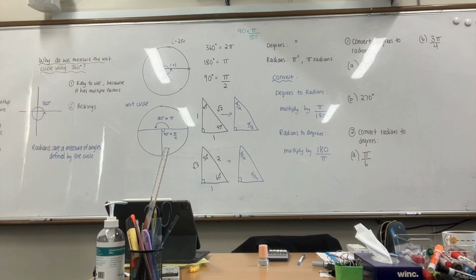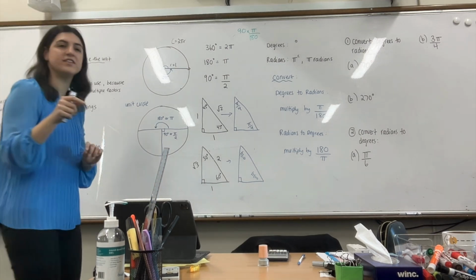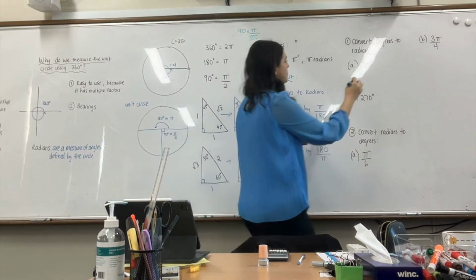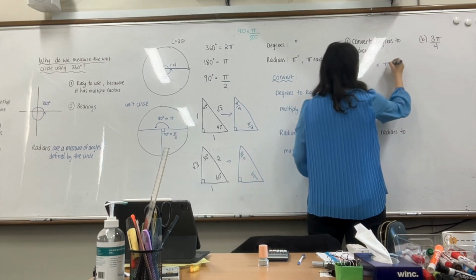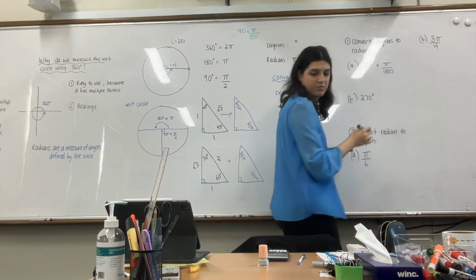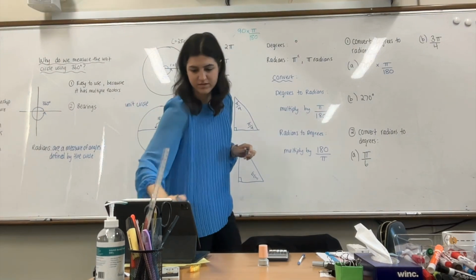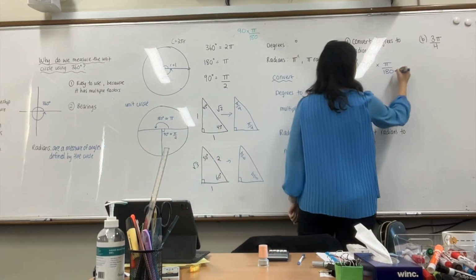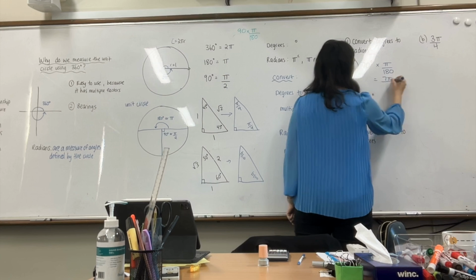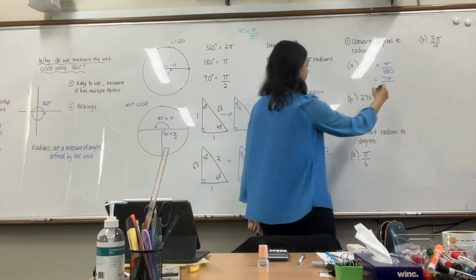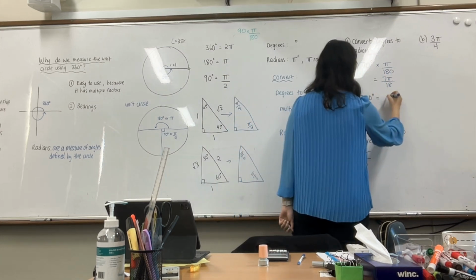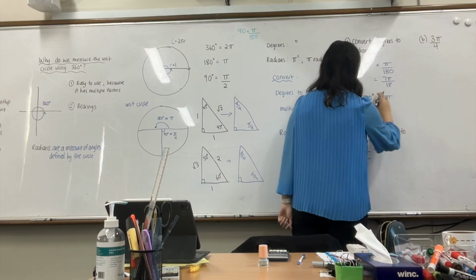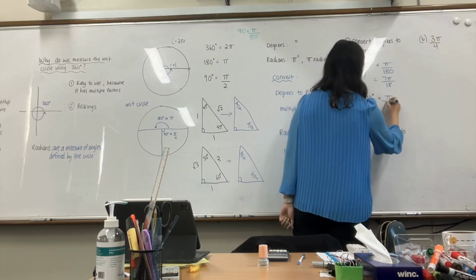Sorry? Not for this bit yet, but in a moment, yeah. I'll go through that bit in a moment, but not yet for this one because you're going to keep everything in terms of pi. Which ends up being... Oh wait, no, you're right.